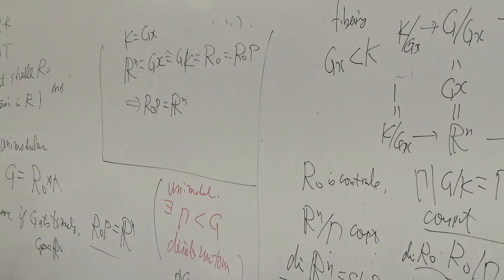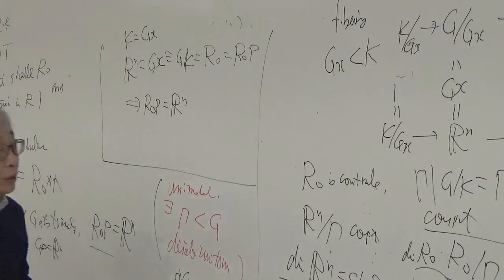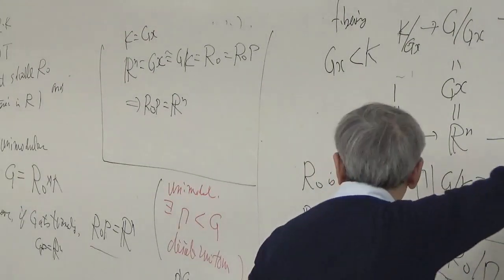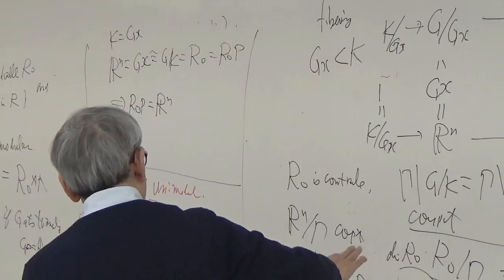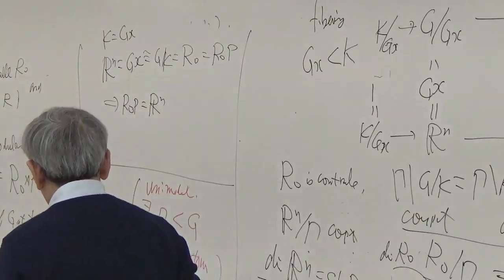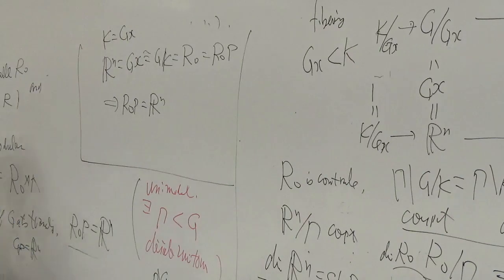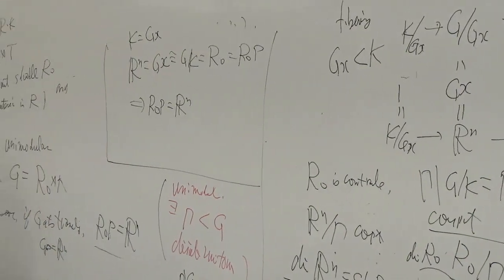I'm not using the compactness of everything; I use only the compactness in K, and the other argument is asphericity and cohomological dimension. This is a bit technical stuff.